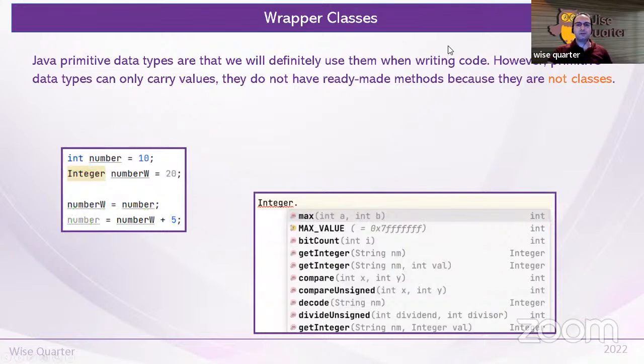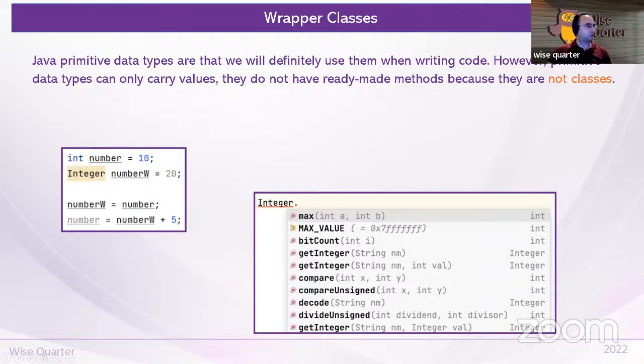But as you can see here, this is primitive integer, and this is the wrapper class of it. It means when you create it like this, if you use capital Integer like this, you will have a lot of pre-made methods which you can use with this data.